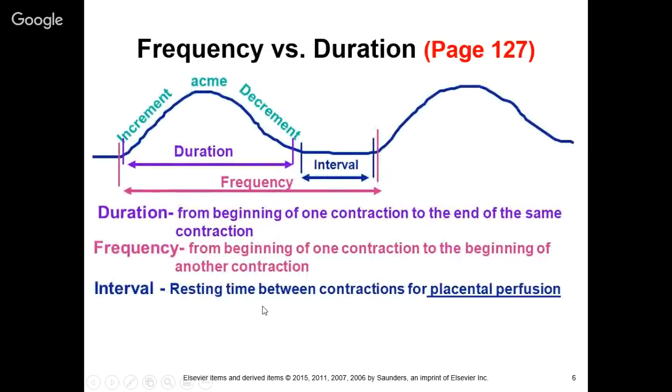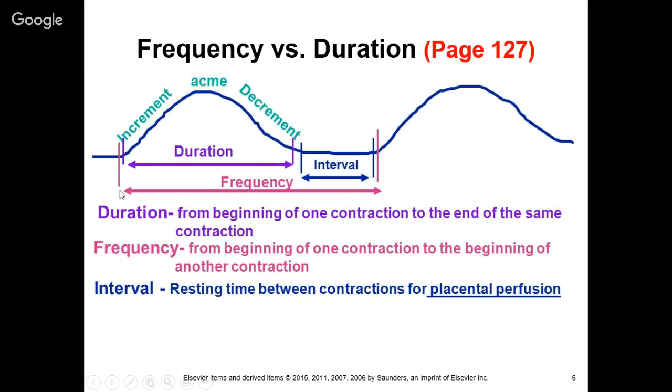So here's an image. So the increment is the beginning of the contraction. It starts and intensifies. Acme is that peak, and then it decreases, the decrement, and then the contraction stops. So that one contraction is duration. And then there's an interval, or the rest period, and then the time when the next contraction starts.